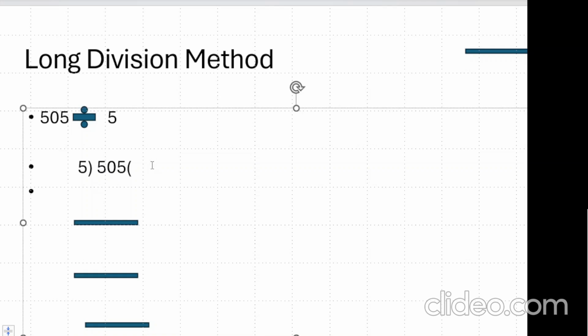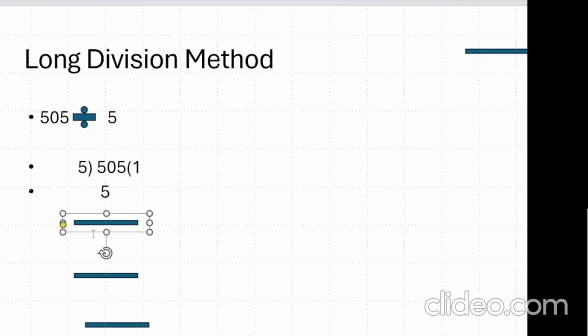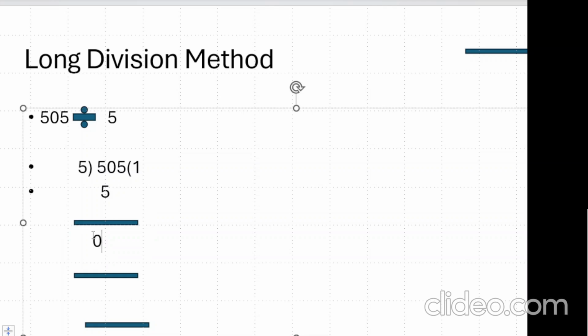So 5 into 1 will be 5 that we get. The resultant will be 0. In order to bring down 0 here, what I need to do is also write 0 in the quotient's place.